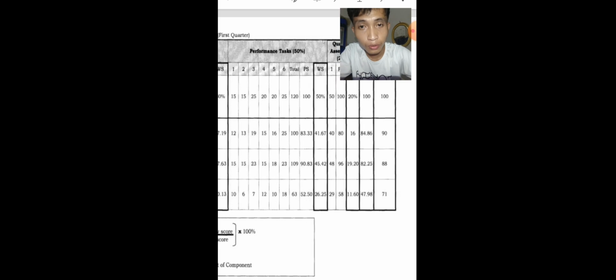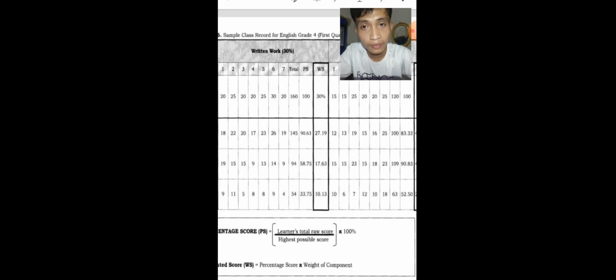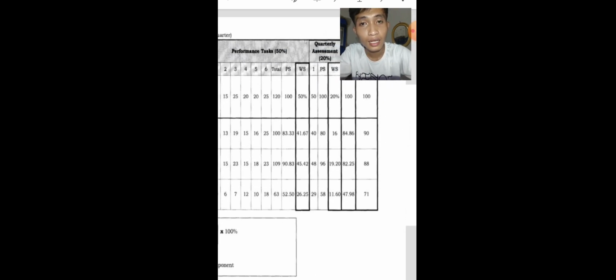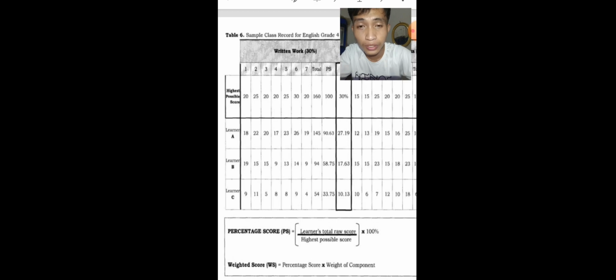So in computing the initial grade, we need to combine the weighted score obtained in written works, performance tasks, and quarterly assessment. So learner A got weighted score 27.19 in written works, plus the performance task, learner A got 41.67.